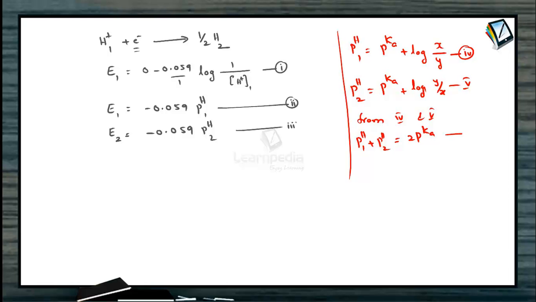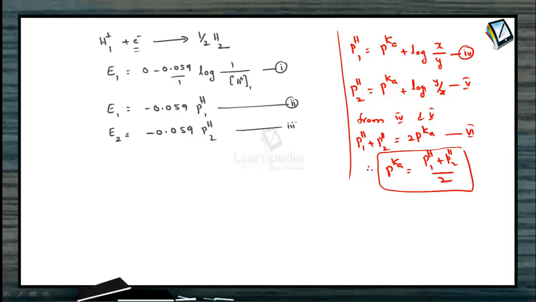So this is equation 6. From where we can write pKa is equal to pH1 plus pH2 by 2. So this is what indirectly we want, pKa.